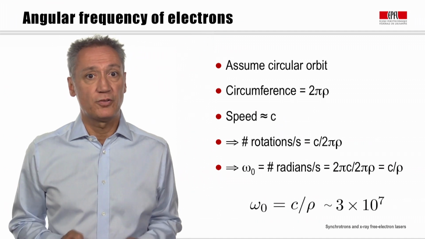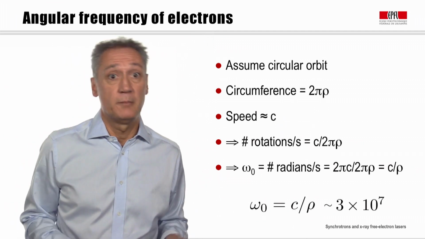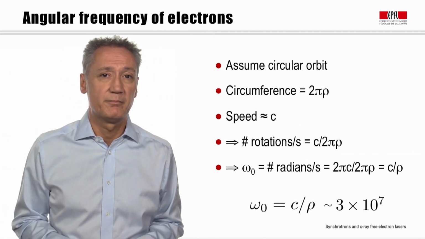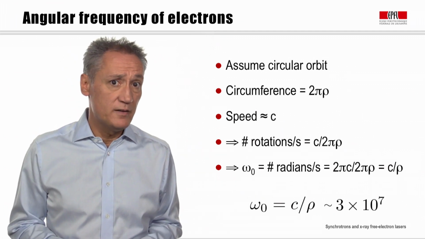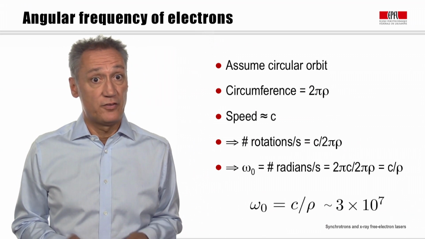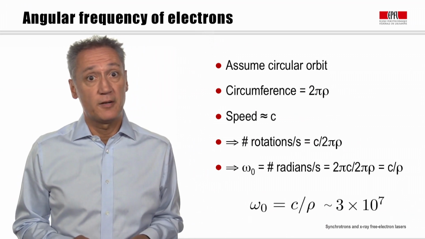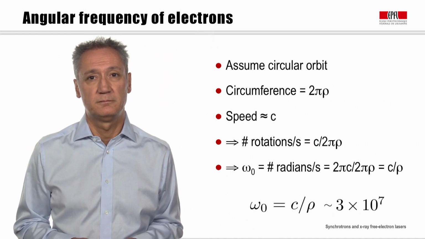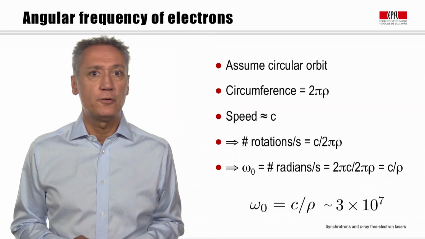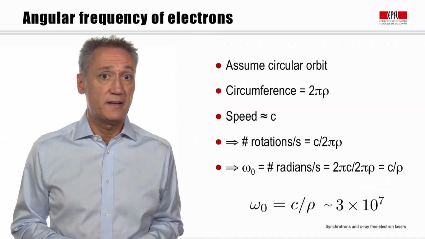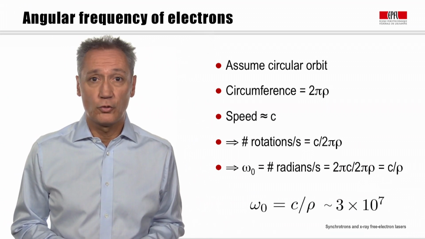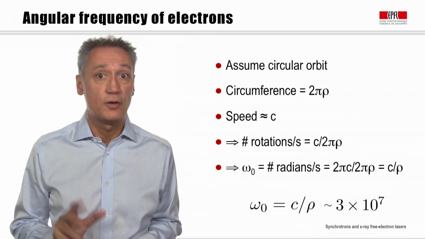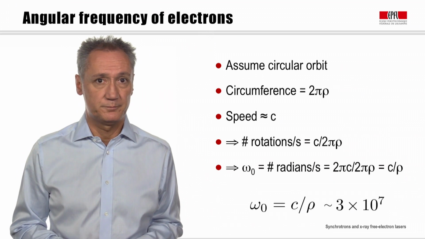But each revolution contains 2 pi radians, because there are 2 pi radians in 360 degrees, obviously. Hence, the number of radians swept out per second is 2 pi c divided by 2 pi rho, which is simply c upon rho. Inserting typical values into this, we obtain an angular frequency for the storage ring electrons of the order of 10 to the 7 to 10 to the 8 radians per second.